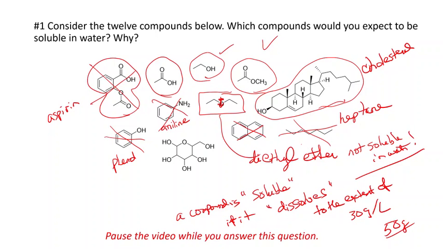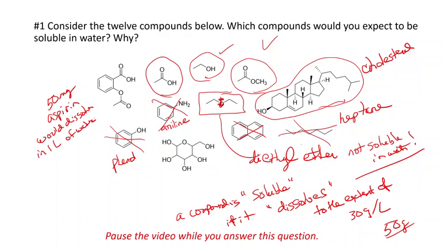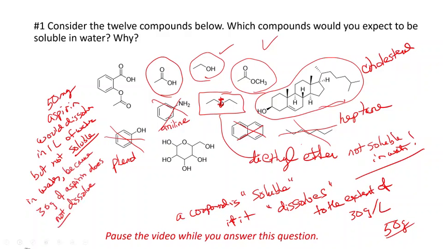Likewise, if we had 50 milligrams of aspirin, it would dissolve in 1 liter of water. But that still does not mean it's soluble in water, because 30 grams of aspirin does not dissolve in 1 liter of water.